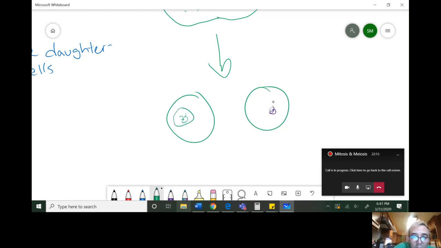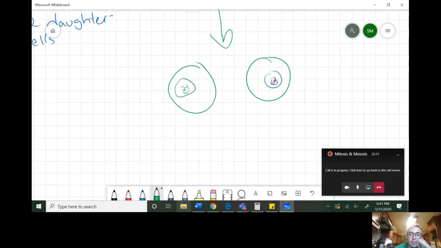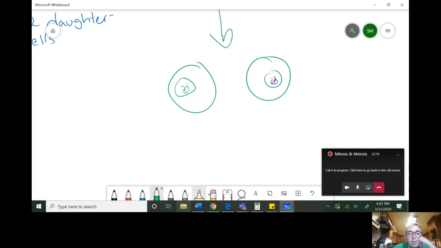That's our genetic material. Okay. We're not done because those clear membranes don't really stick around for long.